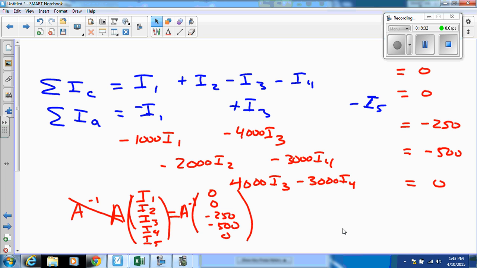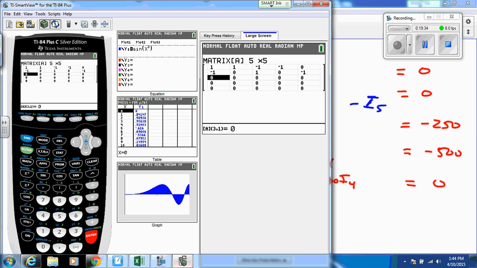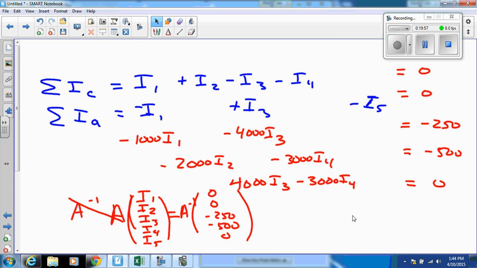And now I'm going to enter the numbers for the third equation. Minus 1,000, 0, 0, minus 4,000, right? 0, and 0. I'm not entering the right-hand side. We'll put that one into our other matrix B in just a moment.